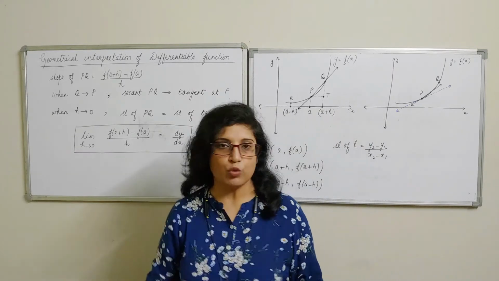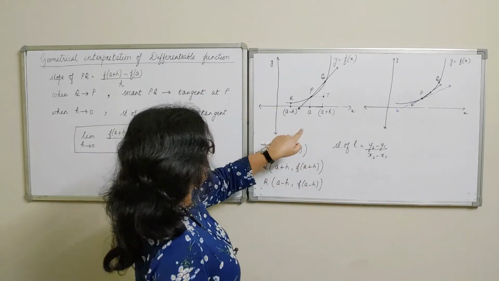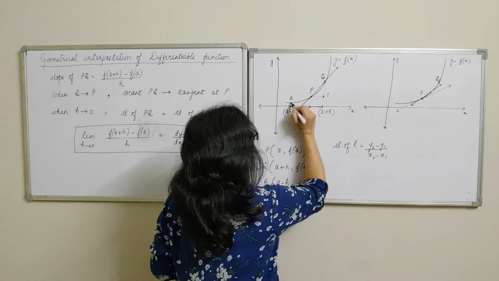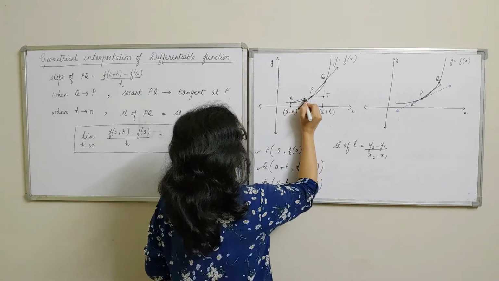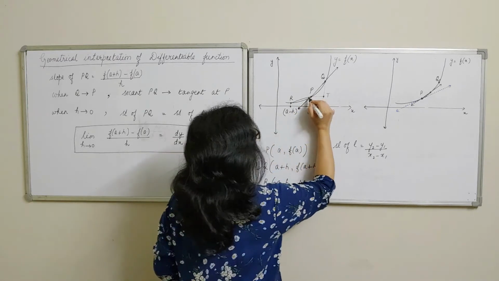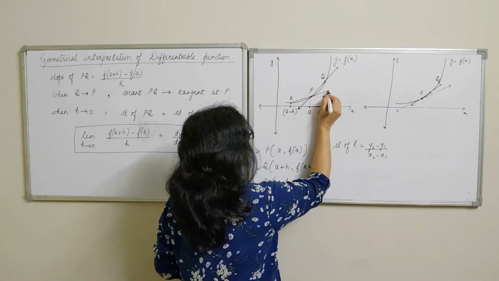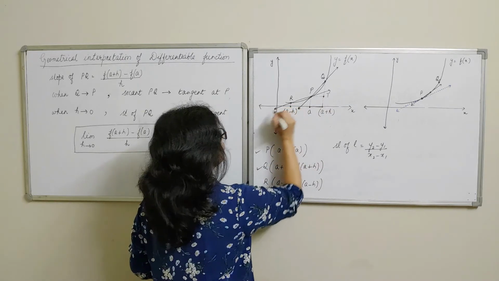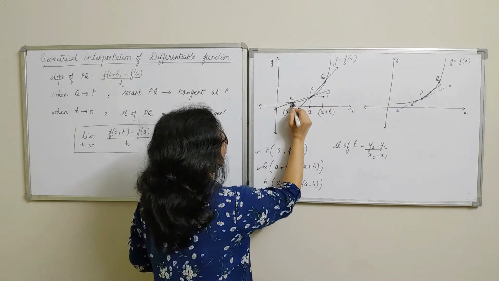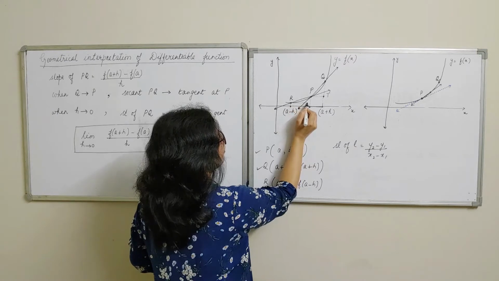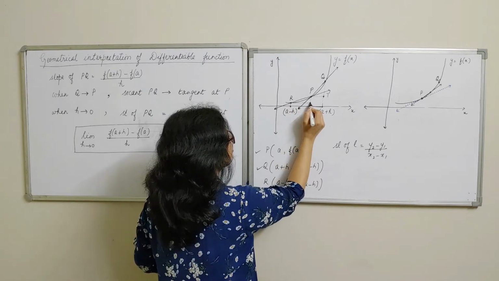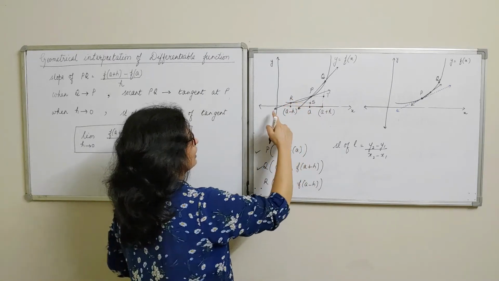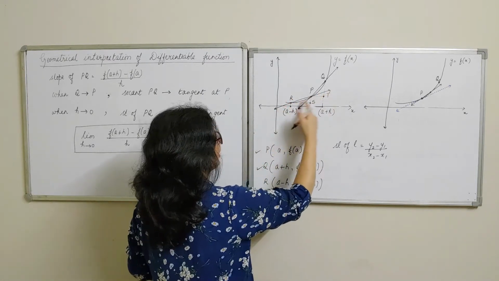So now let's move on to the next situation where we join the points P and R. This is what we have joined, and extending it further, this is the line that we obtain from the point R. If we drop down a perpendicular here, say this is point S, I think you all can see this secant RP.